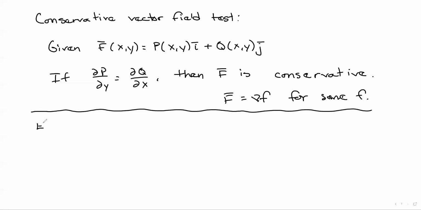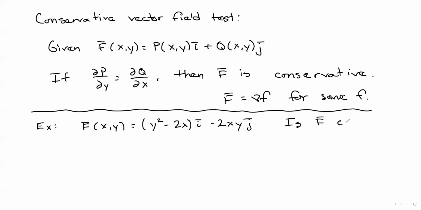All right, so suppose we have capital F of x comma y equals y squared minus 2x i minus 2xy j. All right, and the question is, is F conservative? Meaning, is there a lowercase f whose gradient you could take that would get you this?